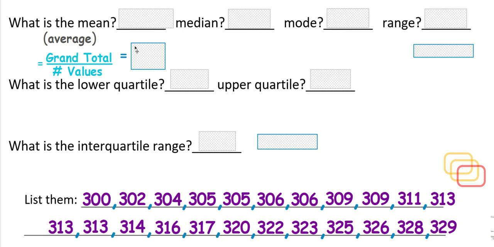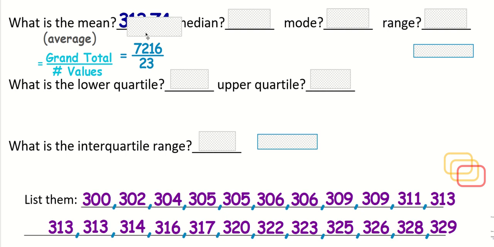In this case, it was pre-done for us. I'm not going to have you literally get a calculator and do 300 plus 302 plus 304 all the way. The grand total here is 7,216, and like we said a minute ago, there are 23 total numbers.